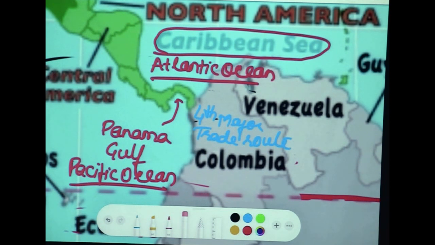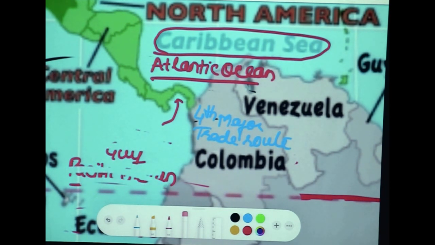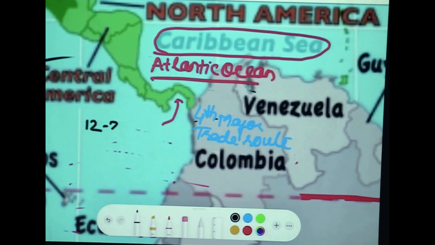And another important characteristic of the Panama Canal is that it is some 12 to 26 meters in height above mean sea level and thus has 3 locks.